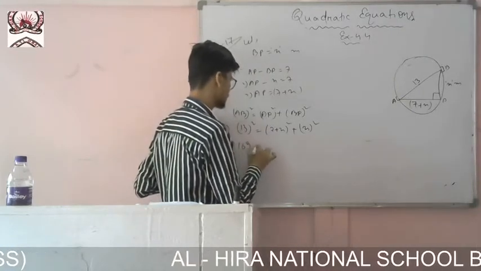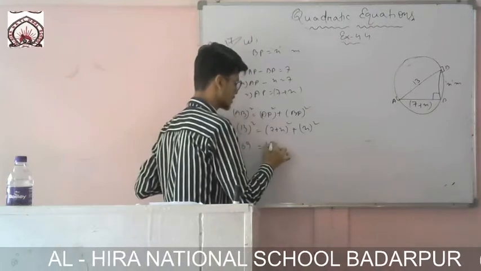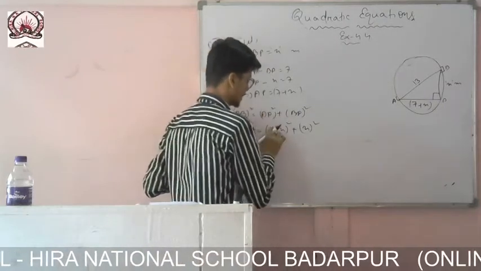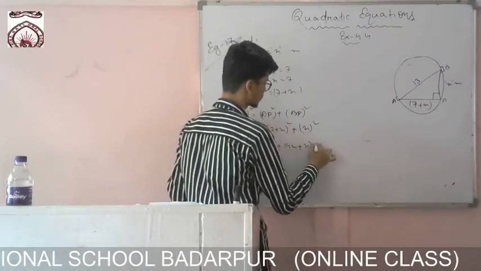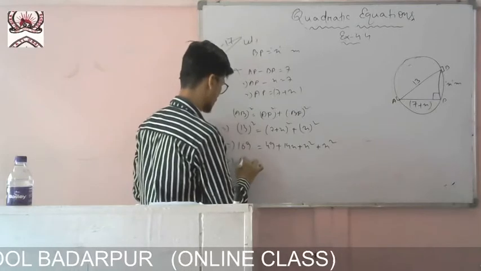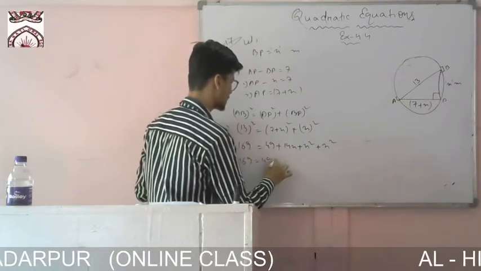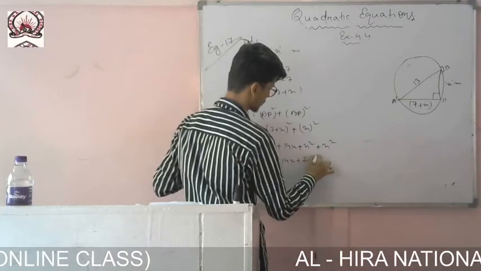13 square is 169, which equals 7 square that is 49, plus twice 7 times x, that is 14x, plus x square, plus x square. So it became 169 equals 49 plus 14x plus 2x square.